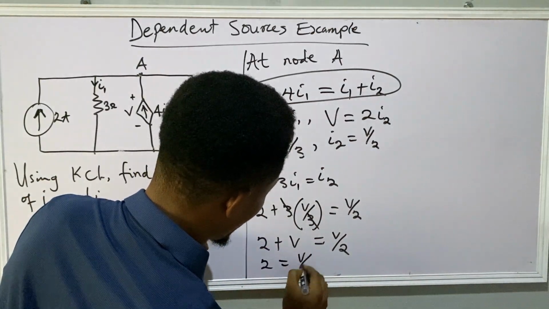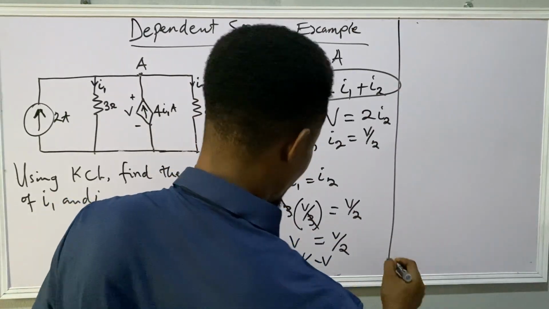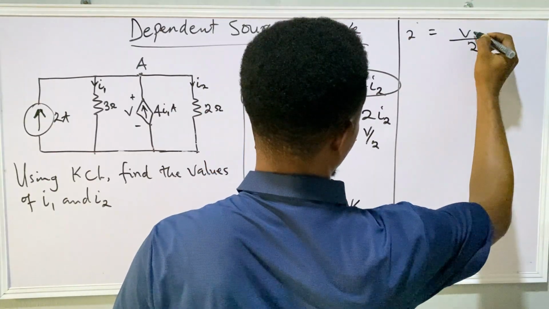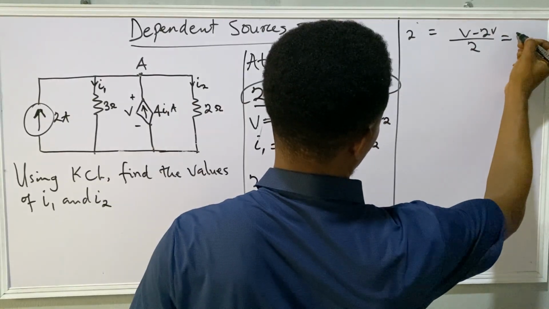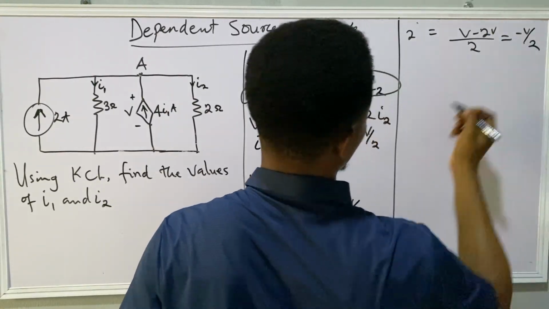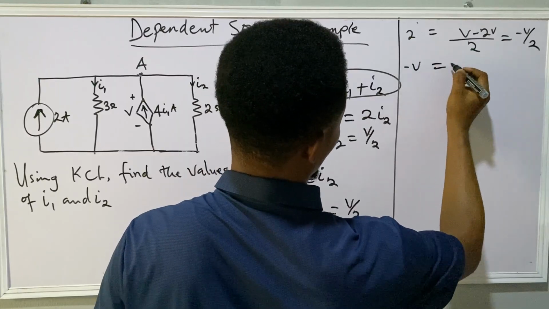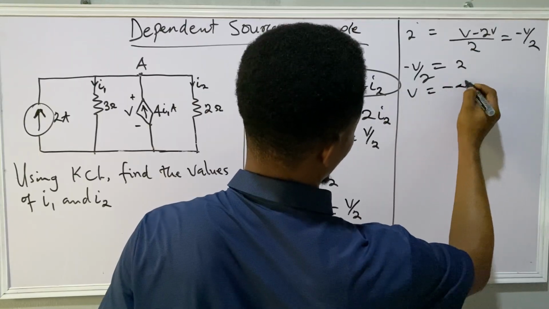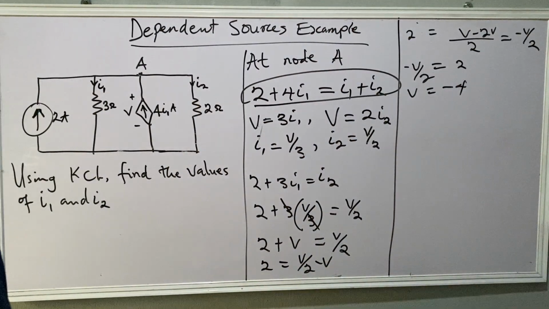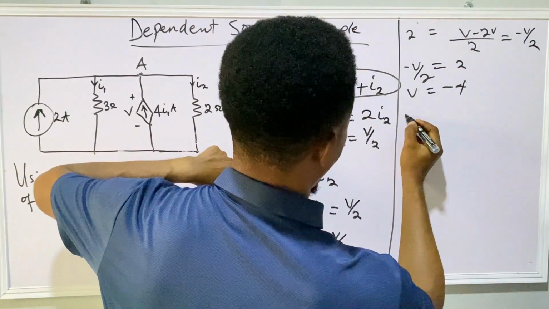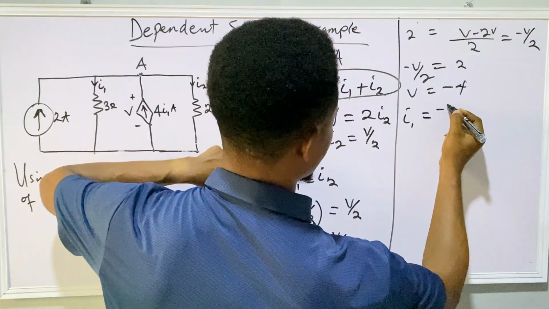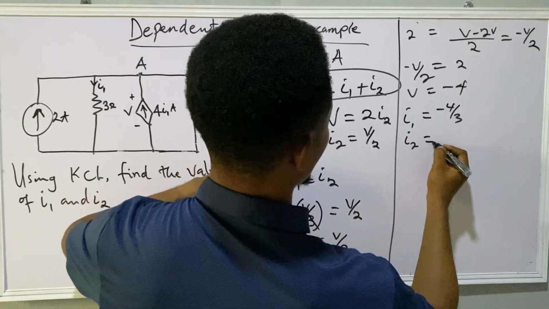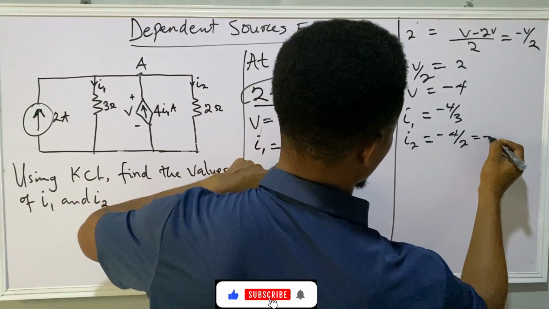So 2 equals V over 2 minus V. What do we have? 2 equals, the LCM is 2, V minus 2V, which is minus V over 2. So minus V over 2 equals 2, and then V equals minus 4. If V equals minus 4, it means I1 equals minus 4 over 3, and then I2 equals minus 4 over 2, which is minus 2.